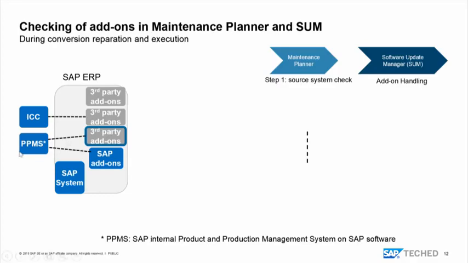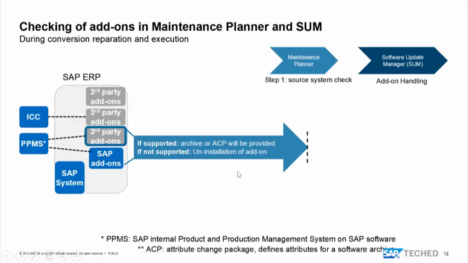So the PPMS contains information on those specific partner add-ons as well, and so the maintenance planner is aware of those as well. So if I start the maintenance planner and it is checking the source system, the maintenance planner knows exactly whether or not this add-on has a supported version. And if there is no supported version yet, the maintenance planner will stop and will not allow you to plan for the conversion because all add-ons have to be supported. That's the first part of the story.